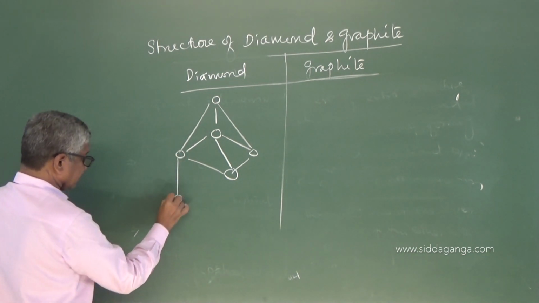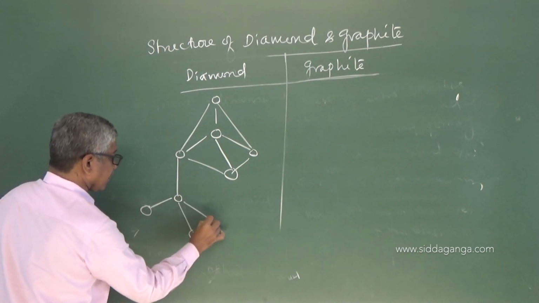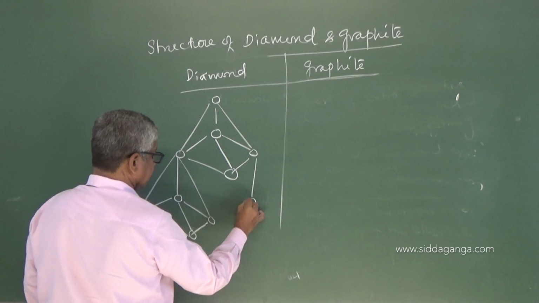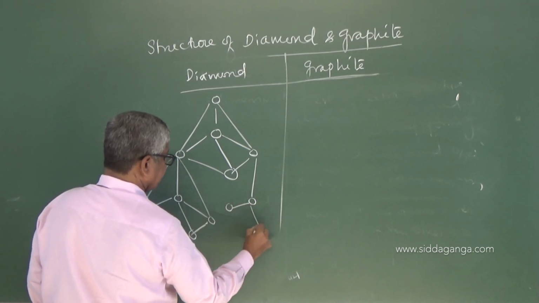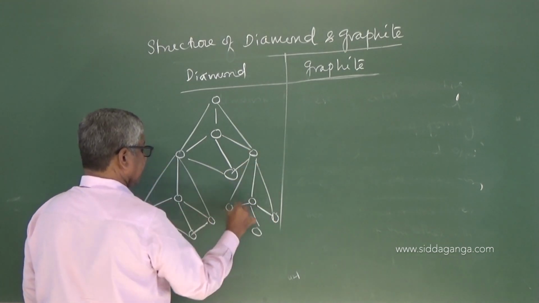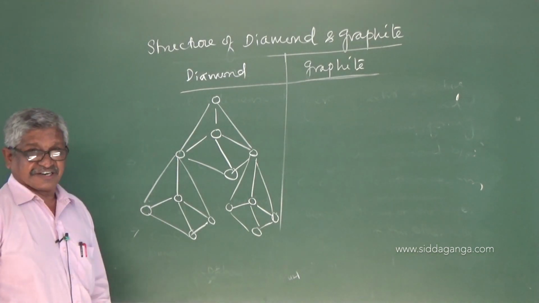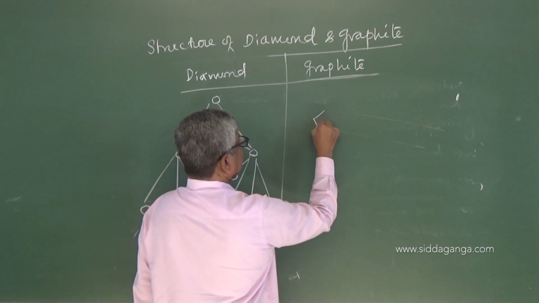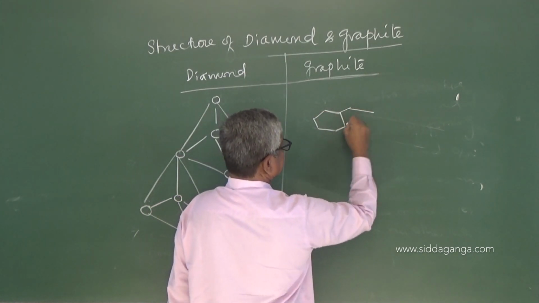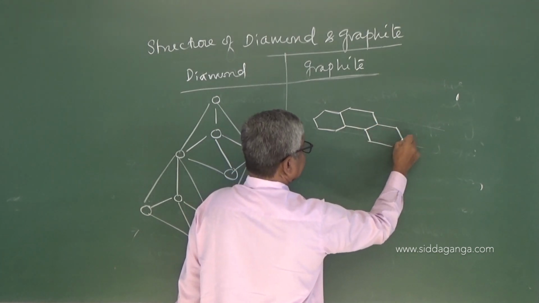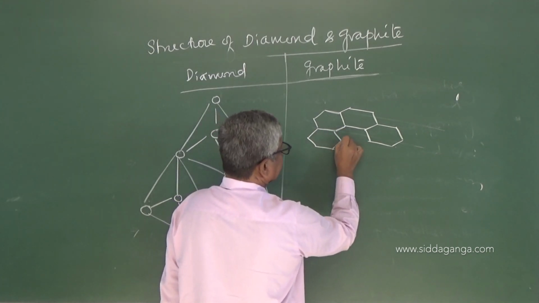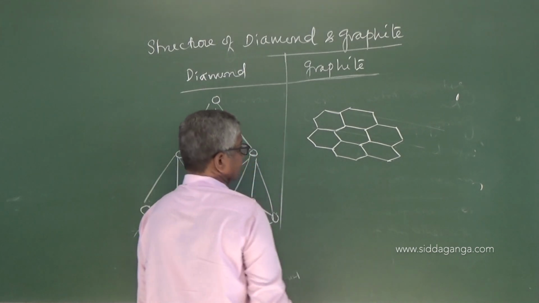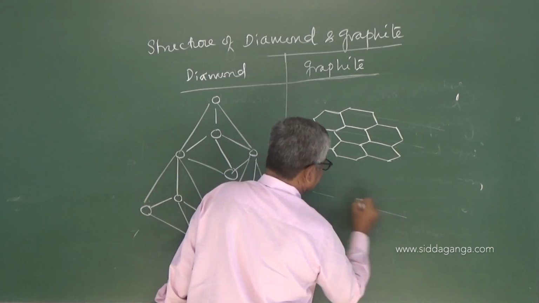This is the structure of the diamond, and for graphite, the hexagonal ring structure is one layer, and this is another layer.